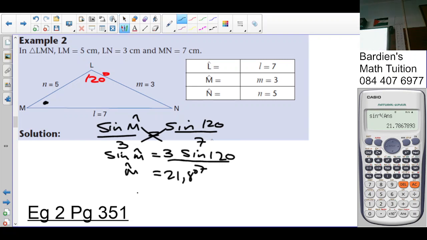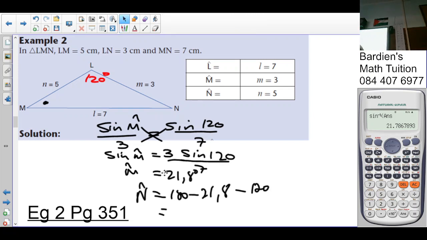Alright, and how do I get angle N? It is 180 minus 21.8 minus 120. So 180 minus 21.8 minus 120 gives me an angle of 38.2.